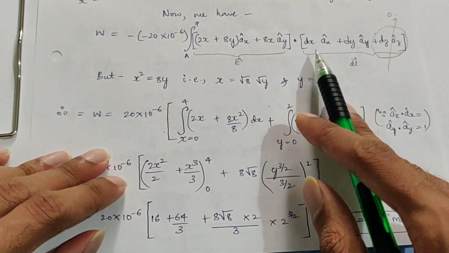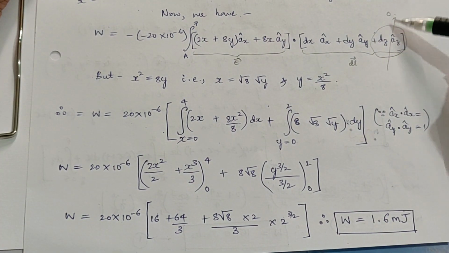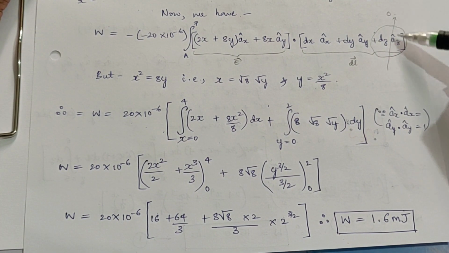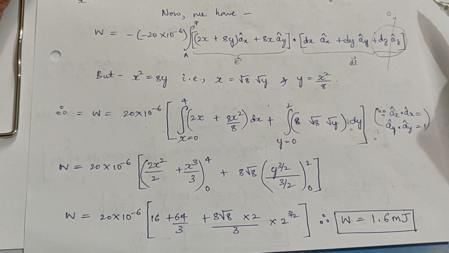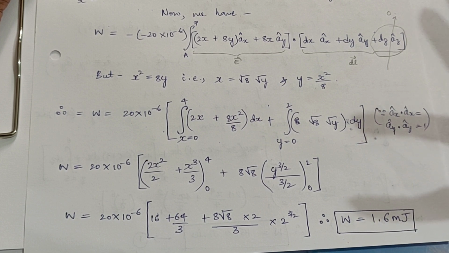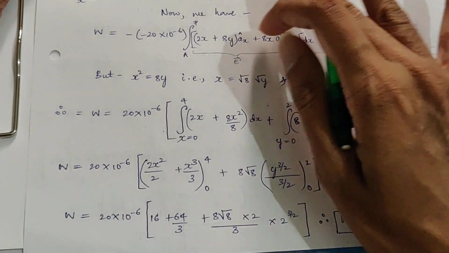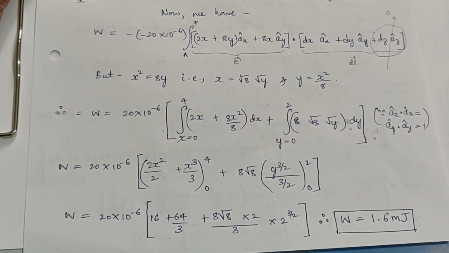I have written it, and I know what is dl. If you see in my differential length, there is no z component, correct? P is (4, 2, 0), so there is no z component. Since it is 0, I will ignore the z component of it.